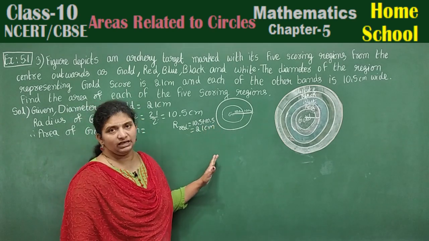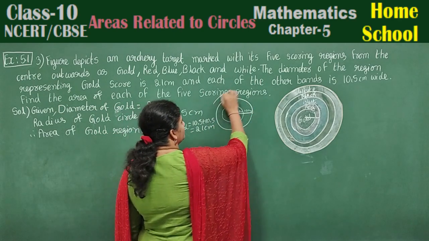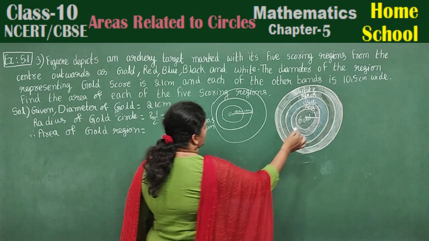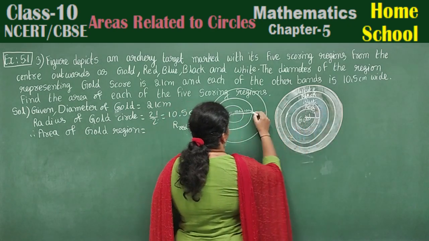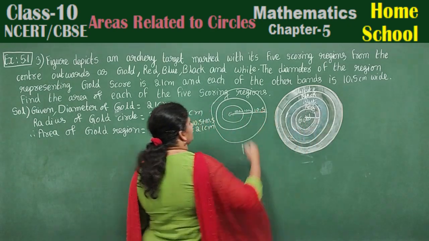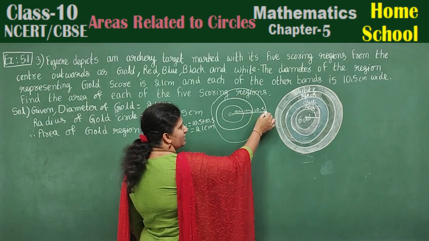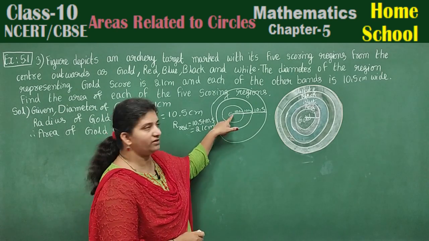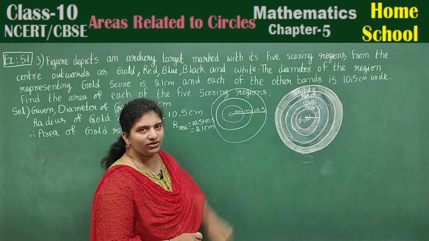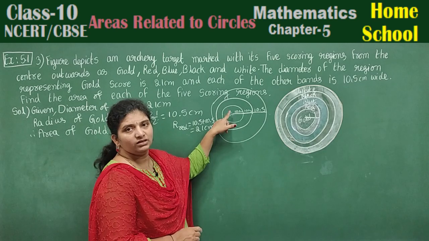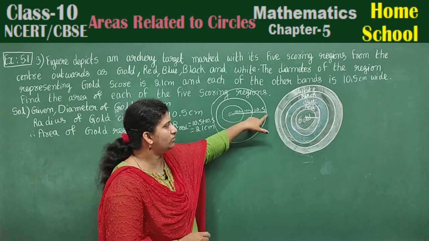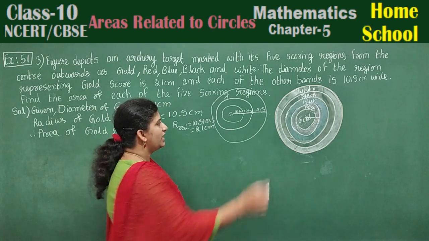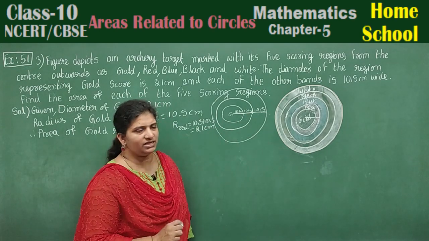Okay. Similarly, what's your next ring? Gold, over red, over blue. Now we need to calculate the radius of the blue circle. Radius again we deal with the center. From the gold center we need to count. From this circle center to the circumference of blue color we are going to find the radius. Each ring width is 10.5 centimeters.